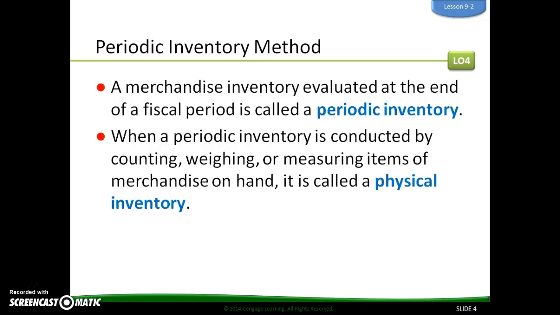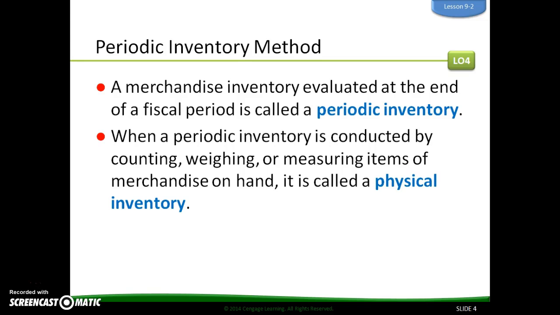The other inventory method is called periodic, and periodic inventory happens when you only evaluate your merchandise inventory at the end of a fiscal period. If you're doing a periodic inventory, then you are going through some kind of physical inventory to count the merchandise that you have on hand at the end of that fiscal period.